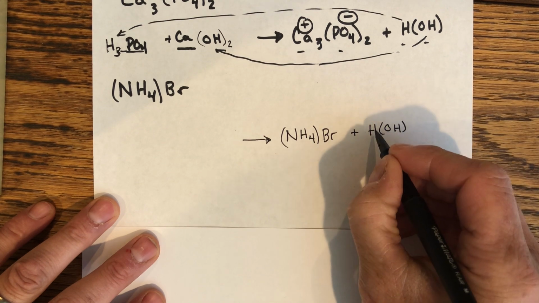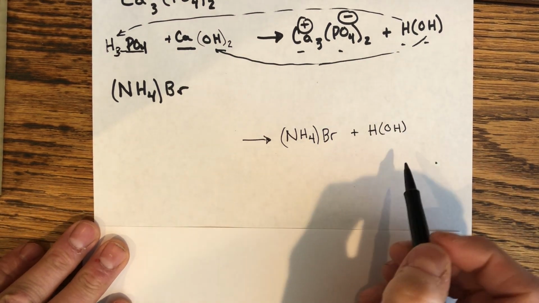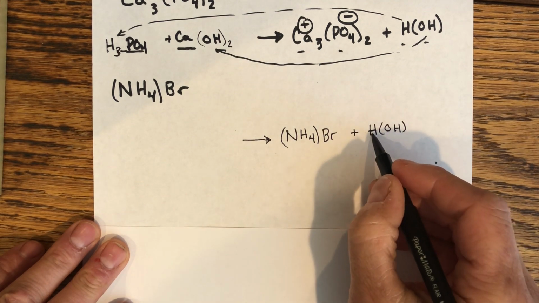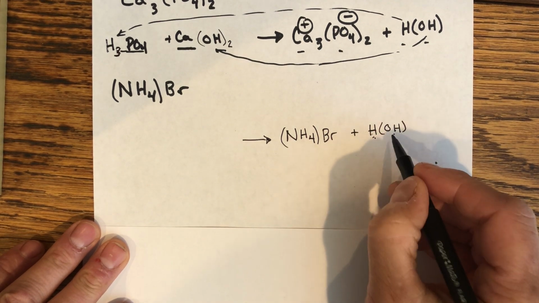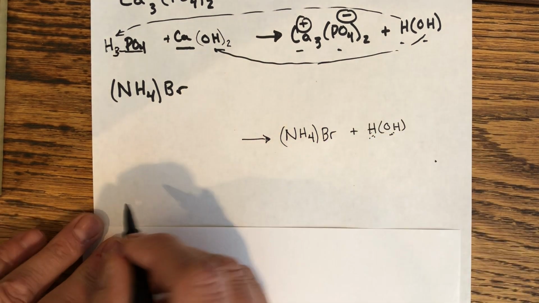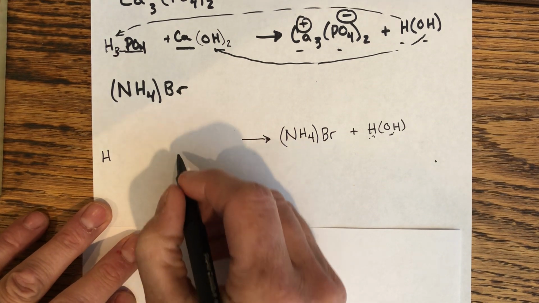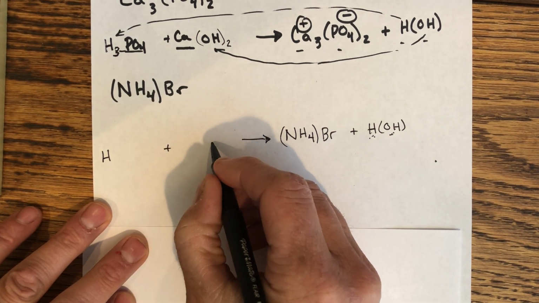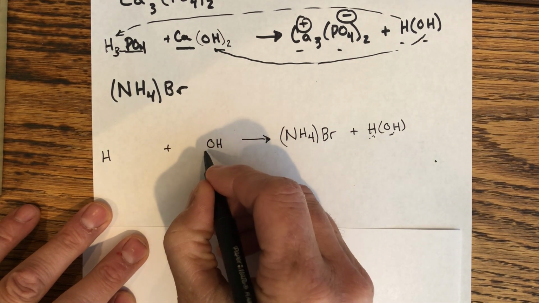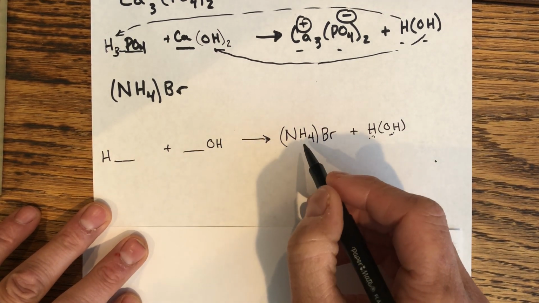HOH. Okay, so let's backtrack to see what the acid and base are that make this. So remember that the hydrogen and the hydroxide, these are the ions that are part of the acid and the base. So we have our acid, which starts with hydrogen, and then we're going to have a base which ends with hydroxide. Right? And so let's put these things in their appropriate places.